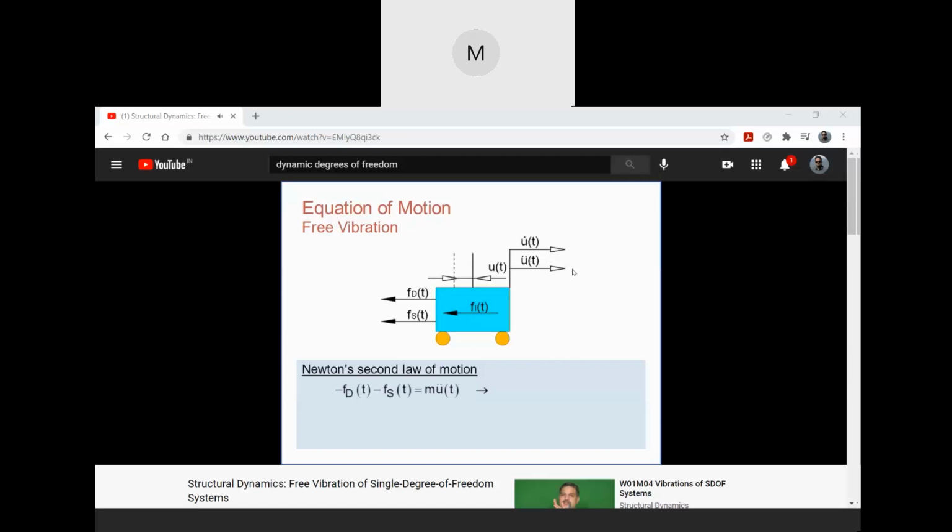We form an equation which contains the summation of the forces acting on the mass on the left hand side and the mass times the acceleration on the right hand side. We then restructure the equation by moving all internal forces to the left hand side and the external force, which is zero in the present case, to the right hand side. The resulting equation is the equation of motion.